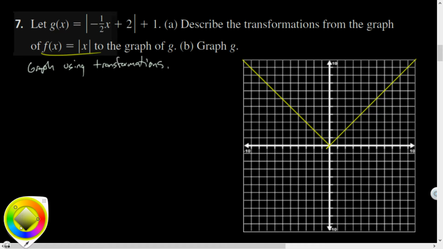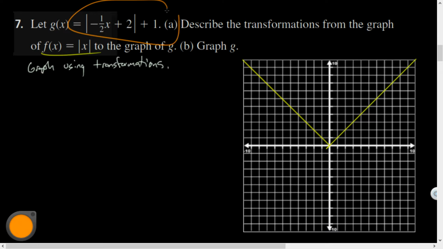So in terms of transformations, what is the first thing in PEMDAS style that happens to the x? Multiplication happens before addition, even though both of these are inside of this grouping symbol. So step 1, it's being multiplied by -1/2 before it was being added by 2.